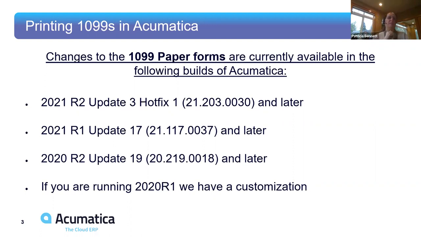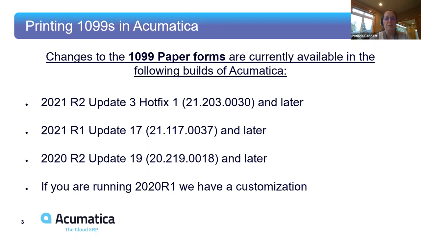Again, we have sent an email and I think we are contacting you directly, but you need to look at the different versions of your software and see which version you're in. If you're on 2021 R2, then you need to be on 21.203.003 or higher in order to be able to print 1099s. So this is for the paper forms.